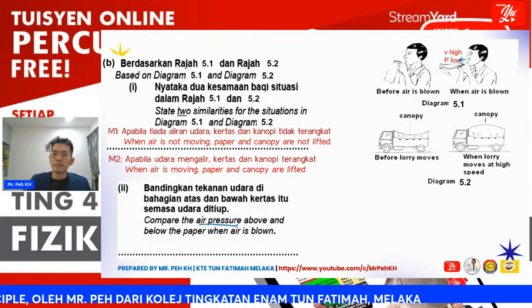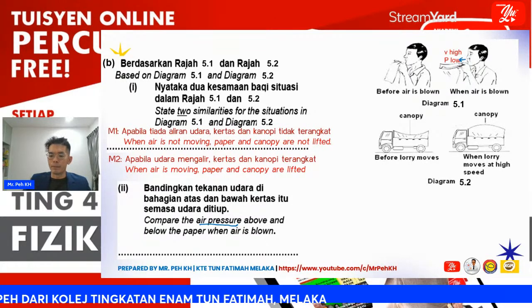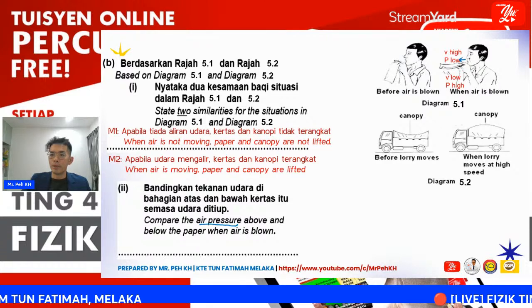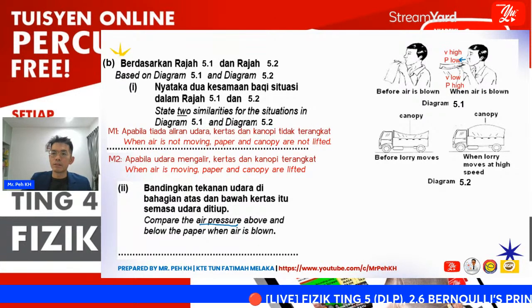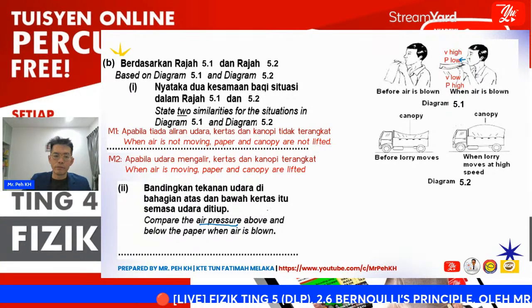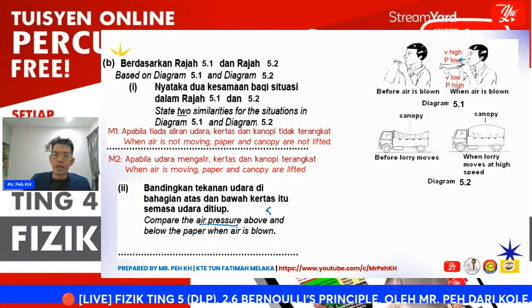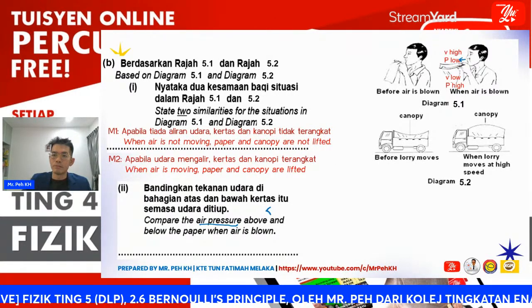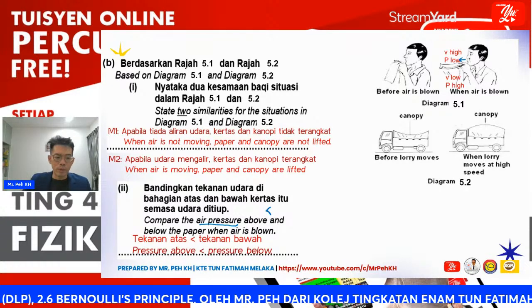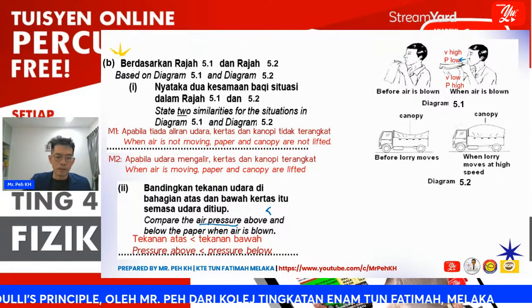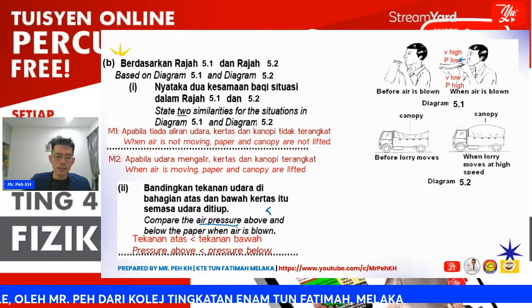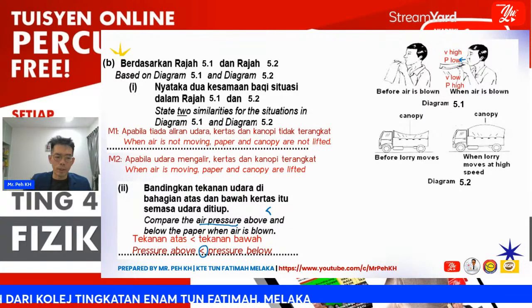Vice versa at the bottom of the paper: when the velocity is low, pressure is high. So the pressure above is lower than the pressure below. You can use the mathematical symbol for less than.